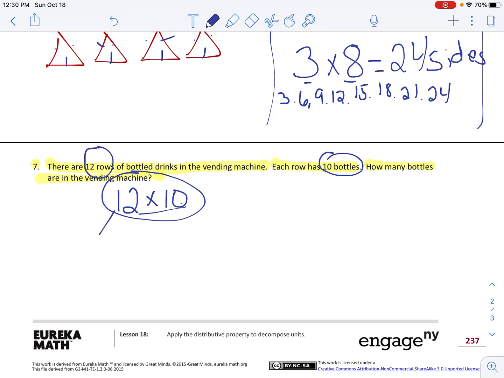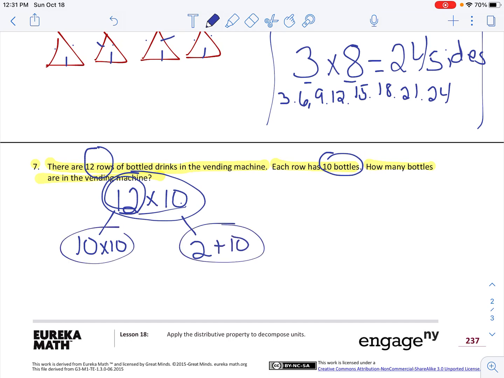Now for some of you, you're going to be able to count this out and just figure out the answer right away. For others of you, we're going to break it apart. So I'm going to break this 12 into a 10 and a 2. So now I'm going to have 10 times 10 plus 2 times 10. Well, 10 times 10: 10, 20, 30, 40, 50, 60, 70, 80, 90, 100.